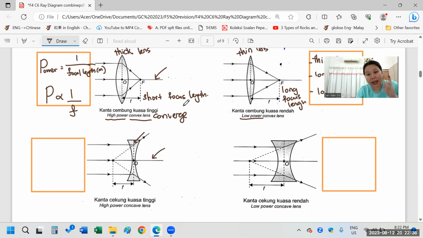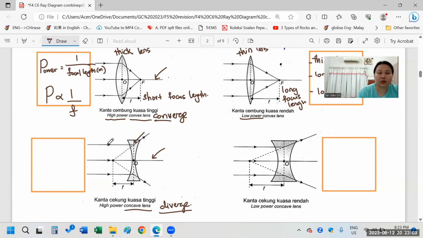But concave lens, they diverge. Now this is how I differentiate the shape and the light. Convex, converge. Concave, diverge. Diverge means the light becomes dispersed out.